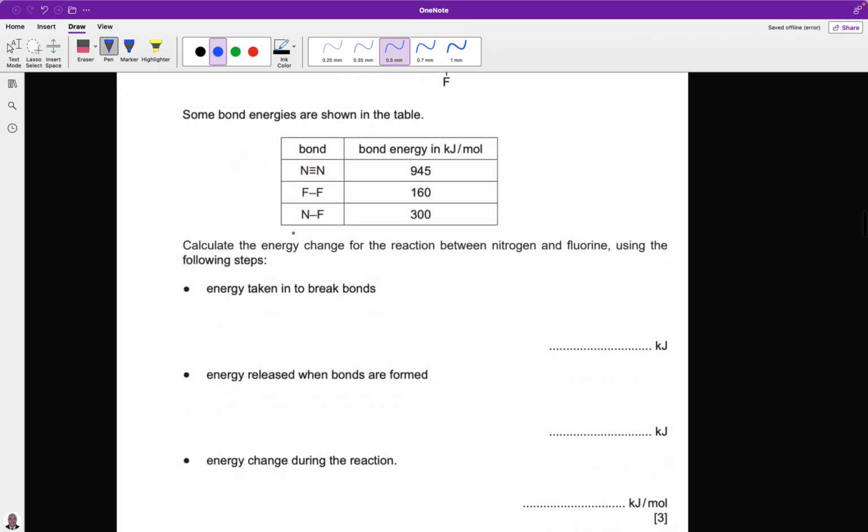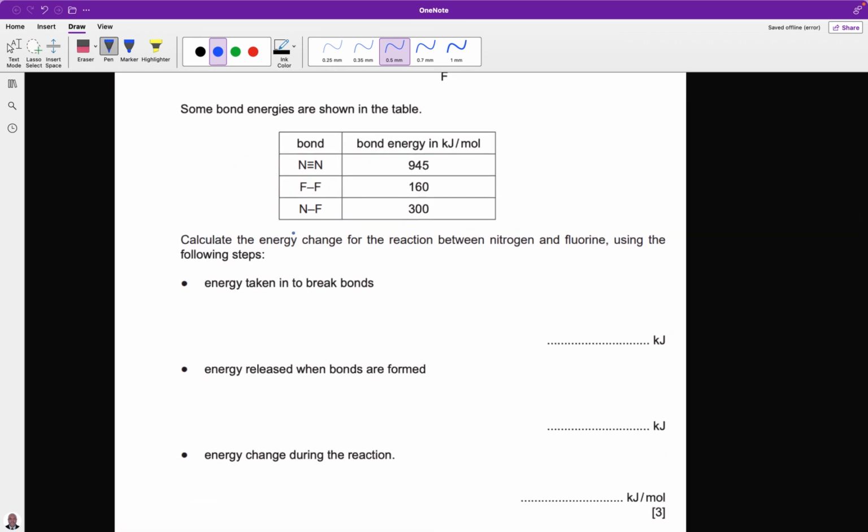The question now says, calculate the energy change for the reaction between nitrogen and fluorine using the following steps. Remember, bond breaking, bond formation.